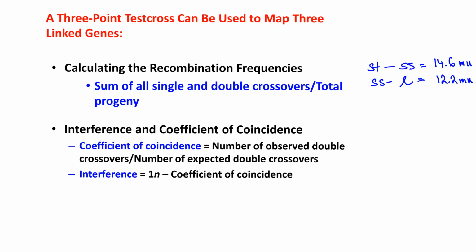In theory, the frequency of gametes with double crossing over should equal the multiplication of the single crossing over probabilities. So if you want to calculate the probability of double crossing over, you should use the multiplication rule of probability and multiply the probability of a single recombinant between ST and SS, which would be 0.146, by the probability of another single recombinant between SS and E, which would be 0.122, and multiply by the total number of progeny, which was, as you recall, 755.